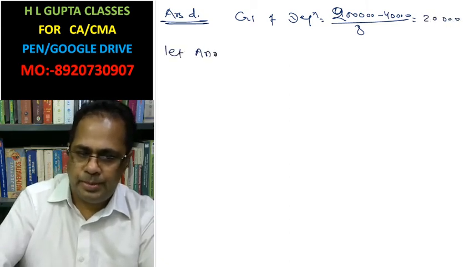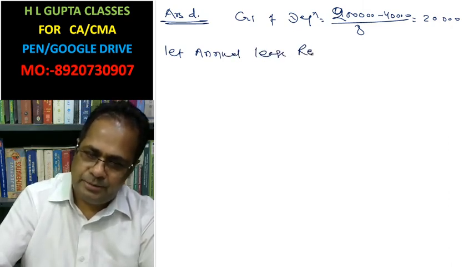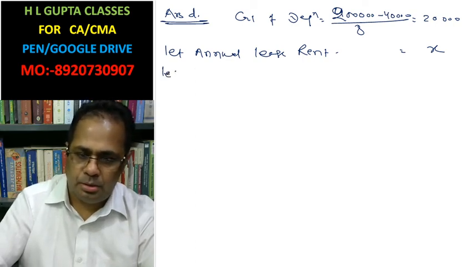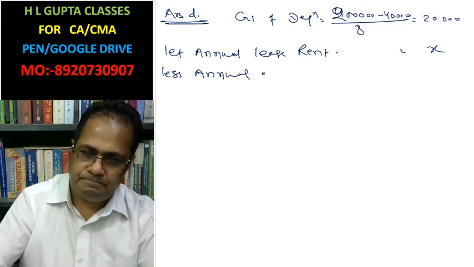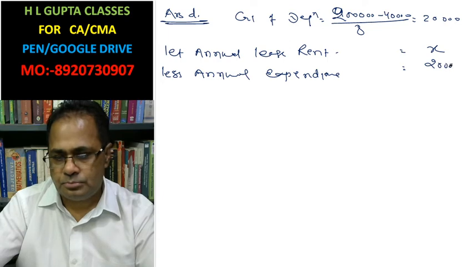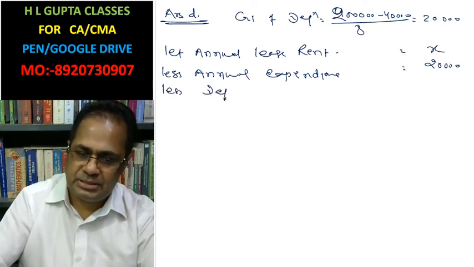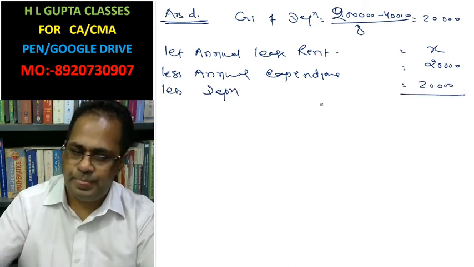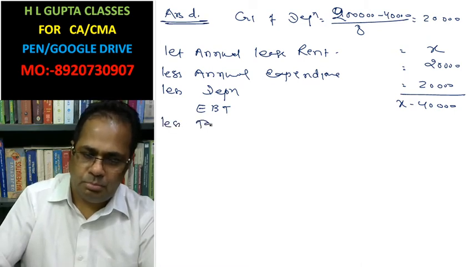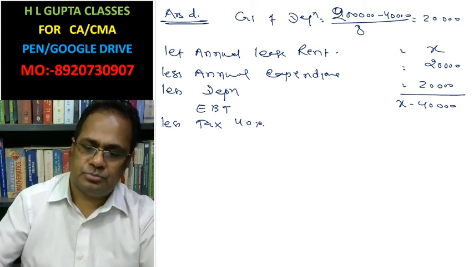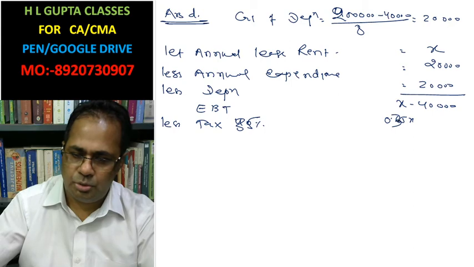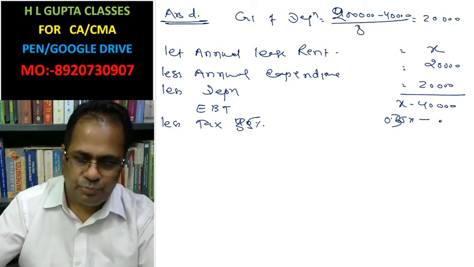Let annual lease rent be X, less annual expenditure, this is 20,000, less depreciation, this is also 20,000, earning before tax is X minus 40,000, less tax at 35%, that is 0.35x minus 14,000.